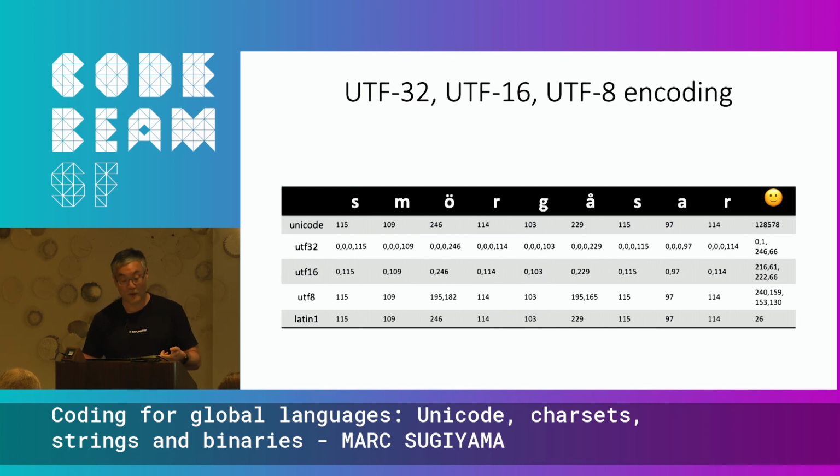So for example, the O with the 2 dots over it in UTF-8 requires 2 bytes: a 195, which is sort of tagging that it's a 2-byte value, and then 182, which is basically identifying that character, right? Notice that in Latin 1 encoding, each of those characters only takes 1 byte. Right? So this 1-byte character, 246, which is the O with the 2 dots, needs 2 bytes in UTF-8. Okay.